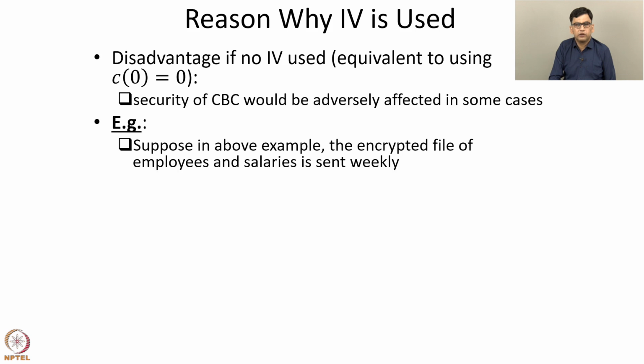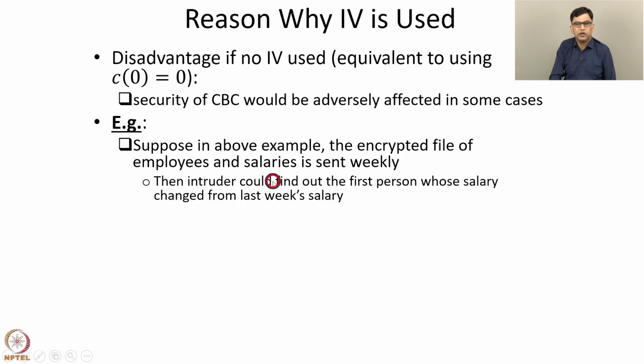Here are some examples. One is, suppose in the above example, the encrypted file of employees and salaries is sent every week. Then the 2 files sent in 2 different weeks would be identical up to the point of the first person whose salary changed from the last week's salary.